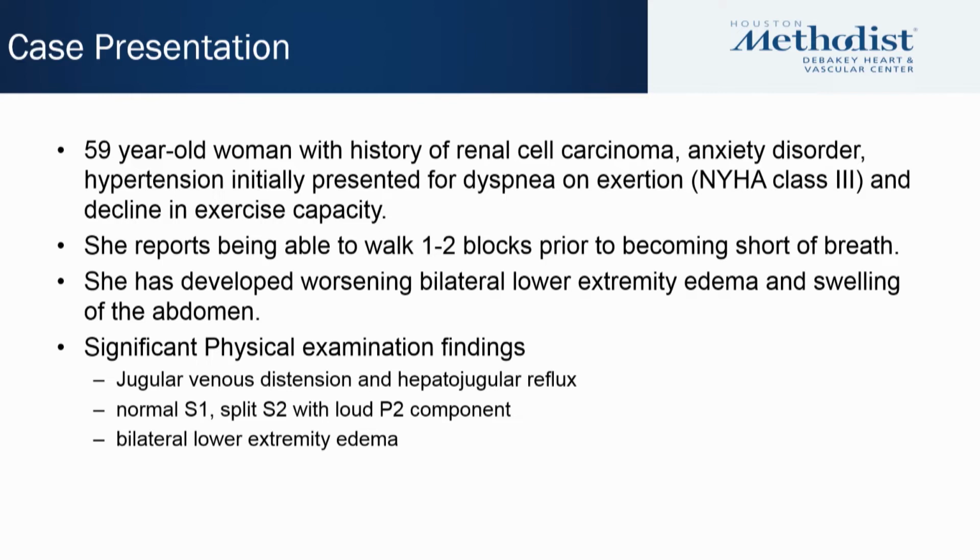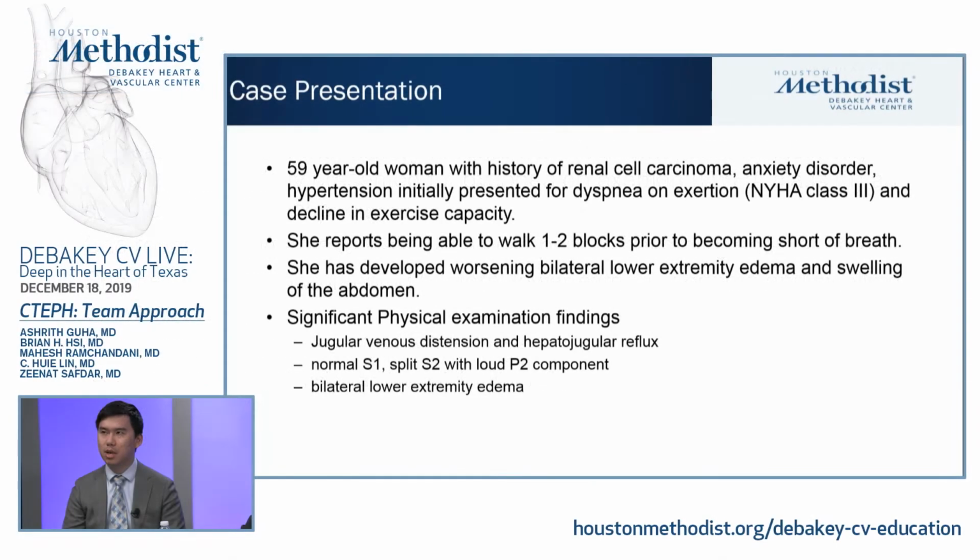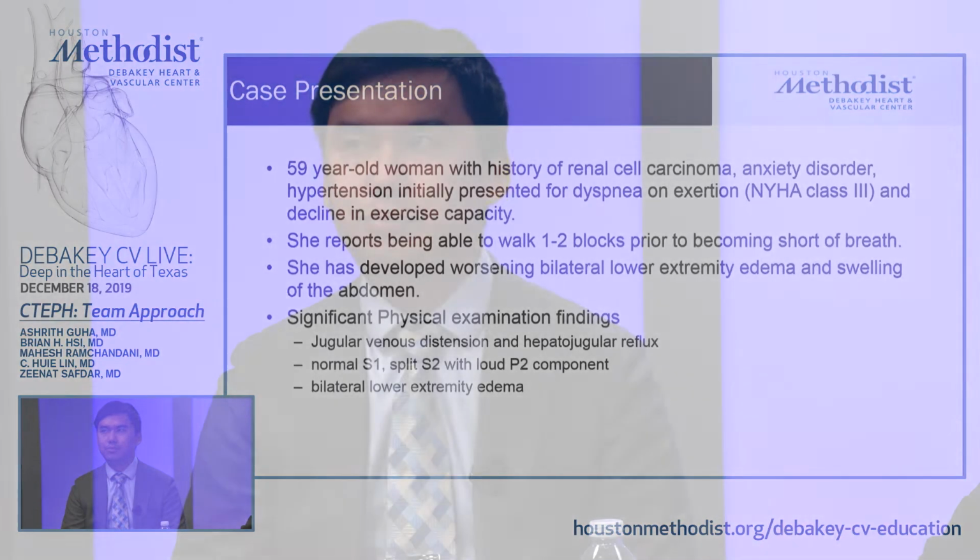And over the course of the last few months also had been developing worsening bilateral lower extremity edema and swelling of the abdomen, and physical examination was consistent with findings for high pulmonary pressure, as well as right heart dysfunction.